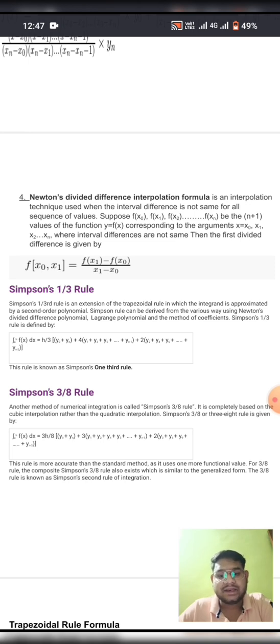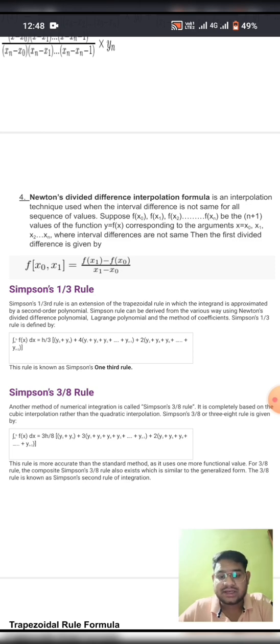Simpson's 1 by 3 rule. Simpson's 1 by 3 rule is an extension of the trapezoidal rule in which the integrand is approximated by a second order polynomial. Simpson's rule can be derived in various ways using Newton's divided difference polynomial, Lagrange's polynomial and the method of coefficients.